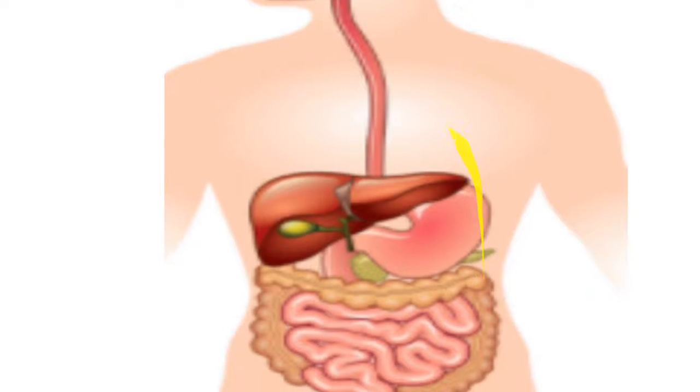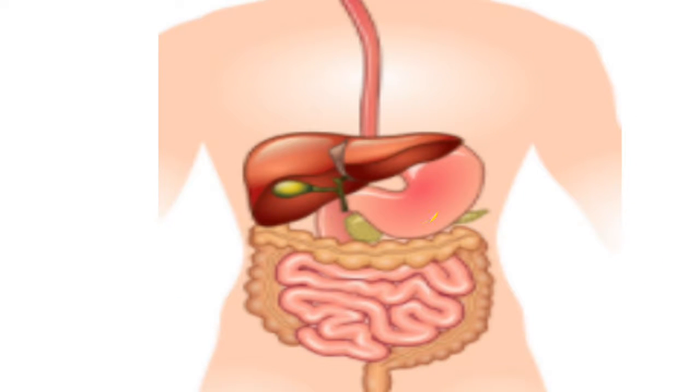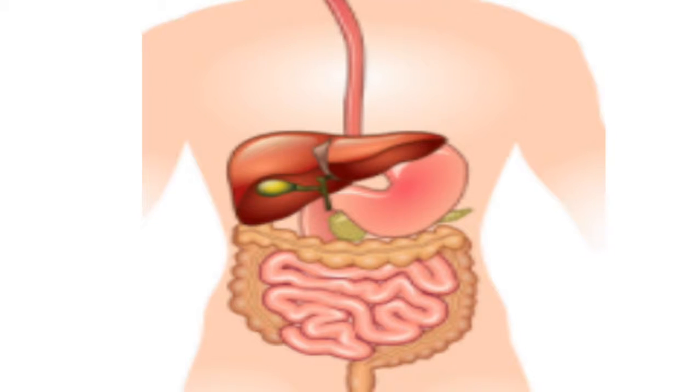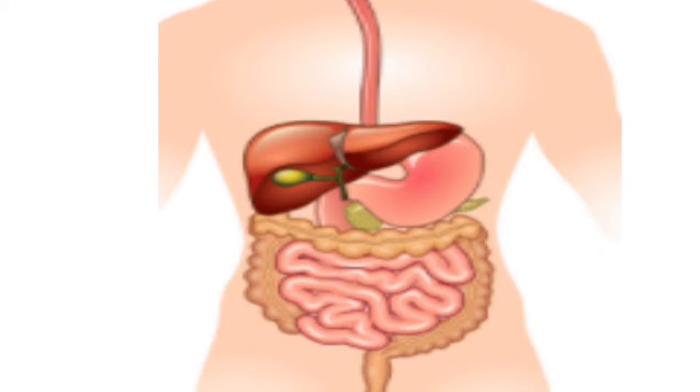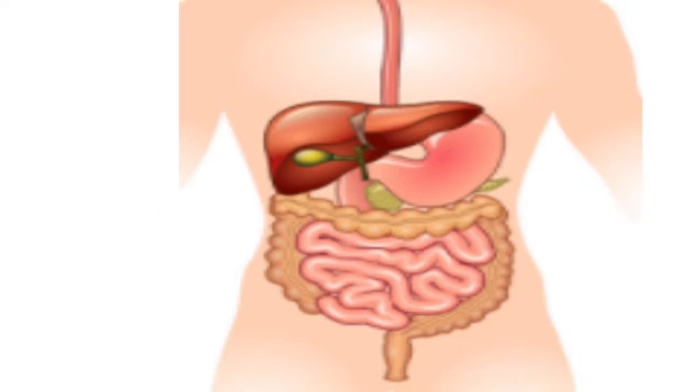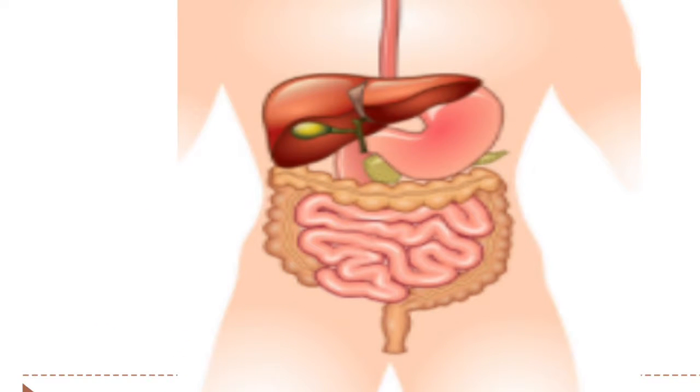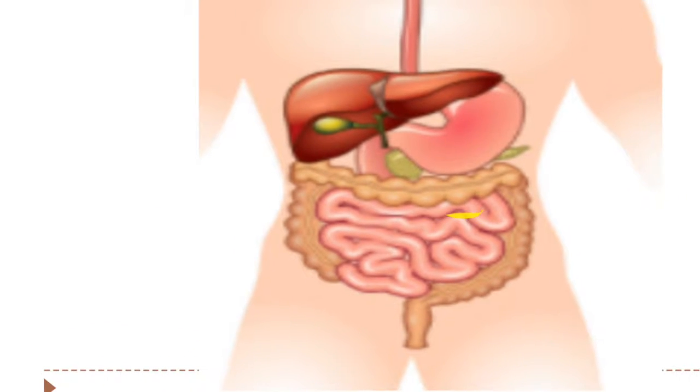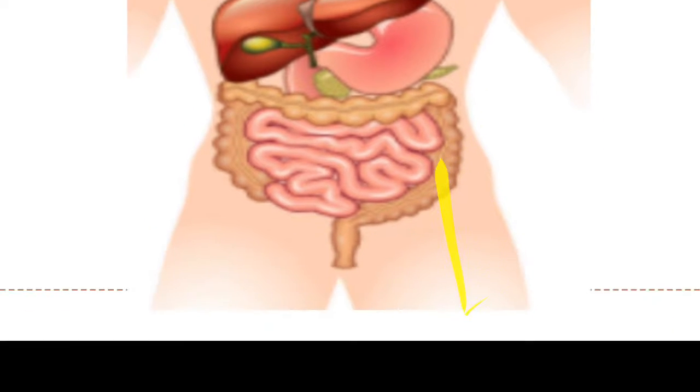Now after the esophagus, the line comes to this part. This is the stomach. After the stomach, this pink portion, as you can see, is the small intestine. After the small intestine, we have the large intestine, and after the large intestine it ends at this point.